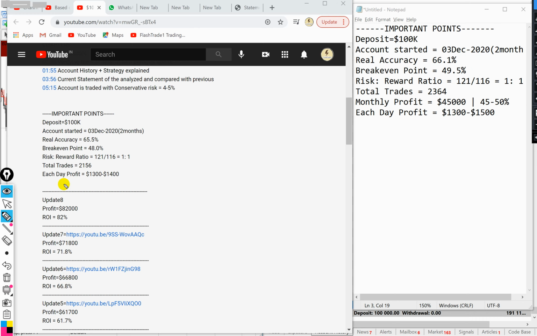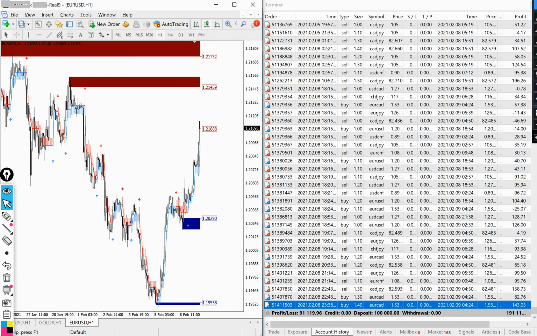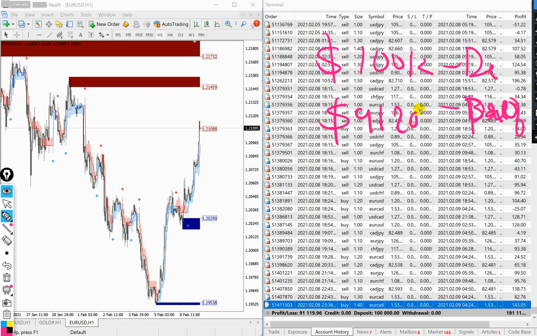Now as we have seen, the deposit on this account is 100,000. The profit on this account is 91,200. Let me take the round figure. So total ROI of the account becomes 90 to 92% on this account.